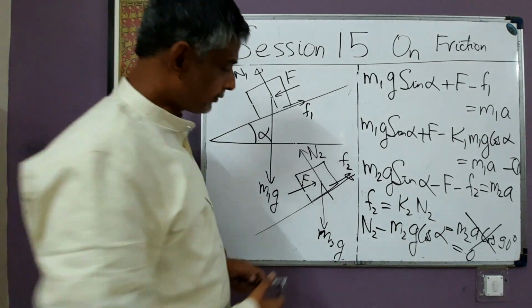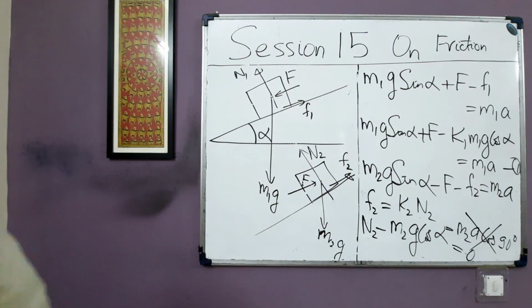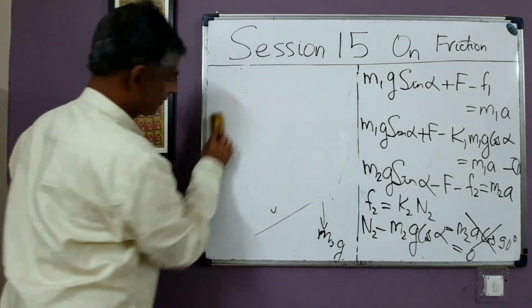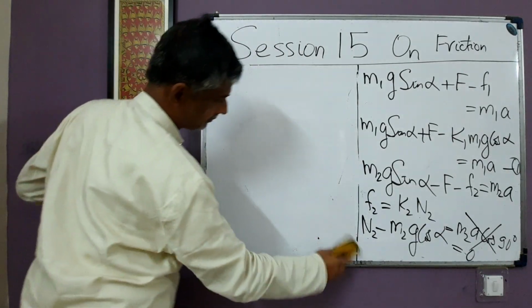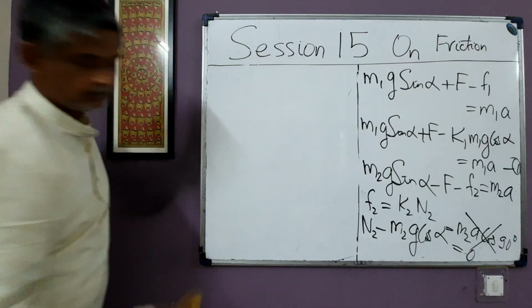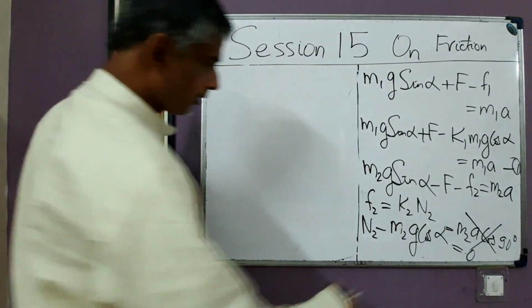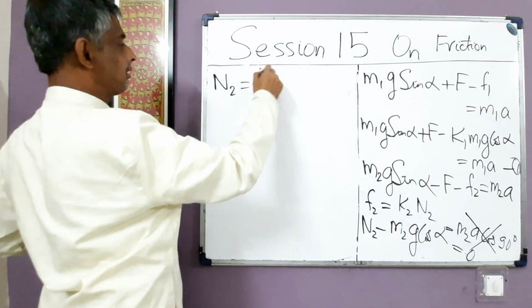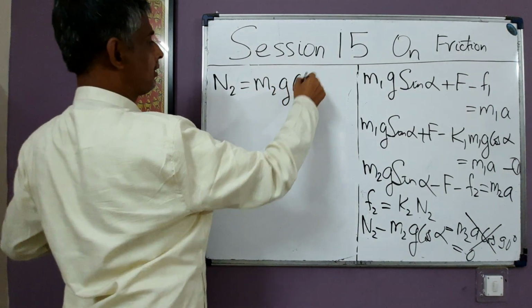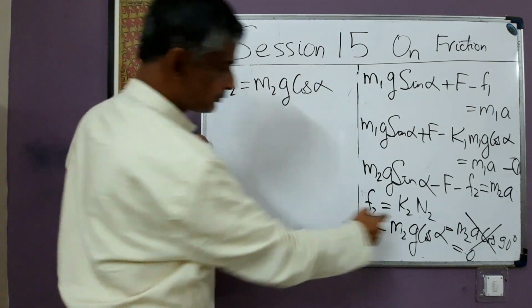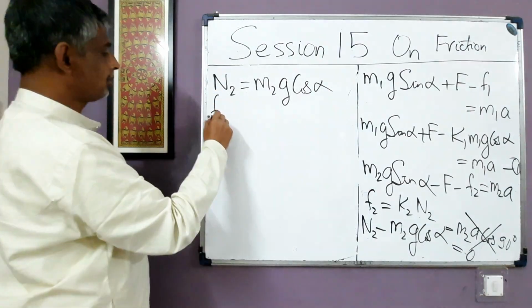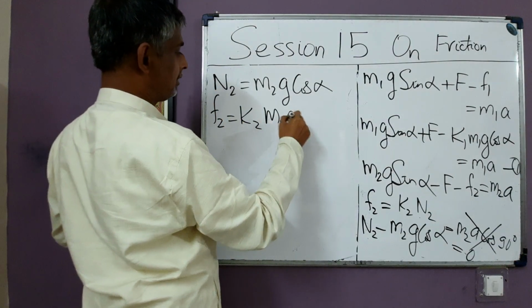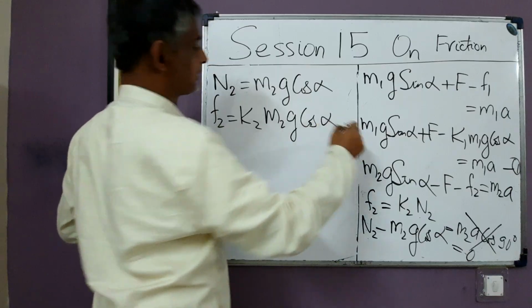So from this, N2 becomes m2g cos alpha. Now this N2 I substitute here, I get F2, which is K2 times m2g cos alpha.